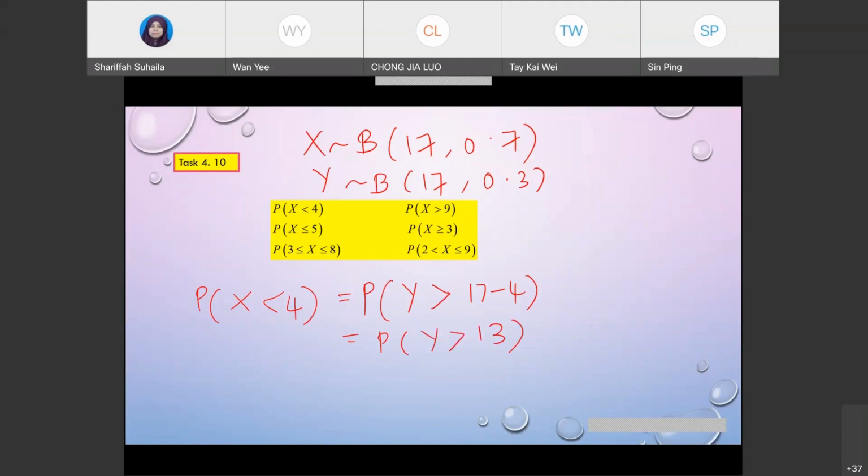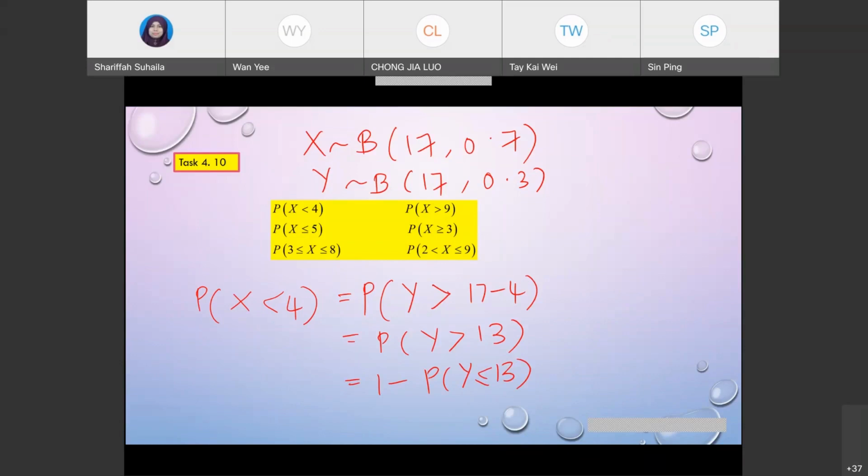Okay, so in order for you to find y greater than 13, if you have y greater than, use the concept 1 minus probability y less than or equals to 13. Now in your stats table, you find your n is equals to 17, your pi is 0.3.